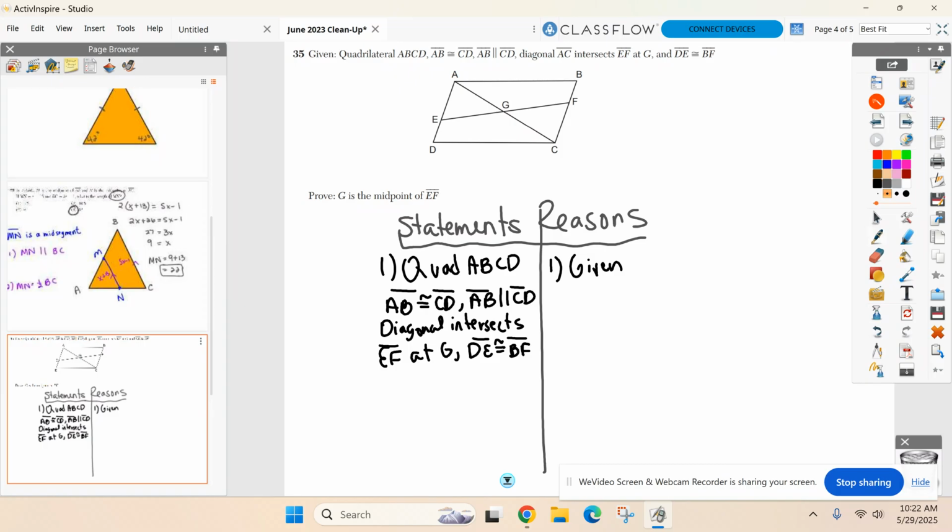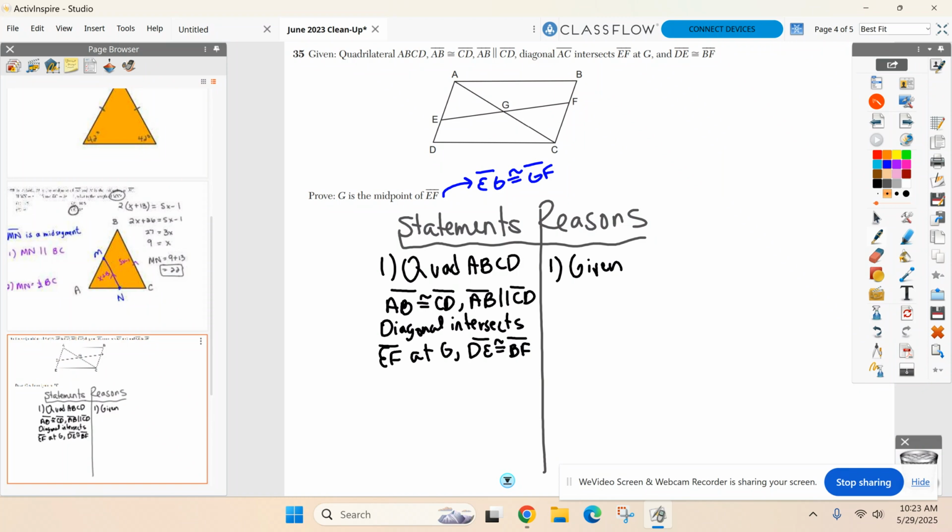All right, we're ready here. I have to prove G is the midpoint of EF. Well, that isn't happening unless I know which two segments are congruent: EG and GF. So that's our goal right now. Forget about the midpoint, that'll come afterwards. G is not going to be a midpoint unless EG and GF are congruent.